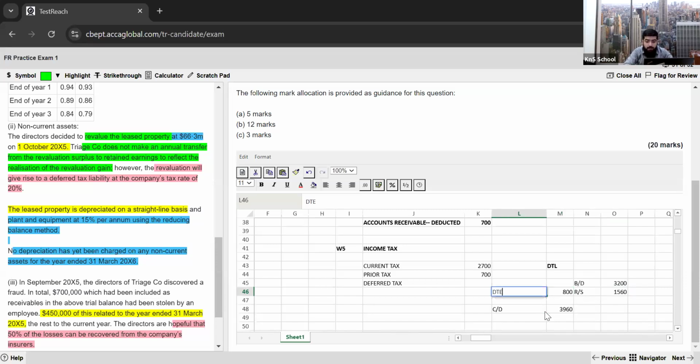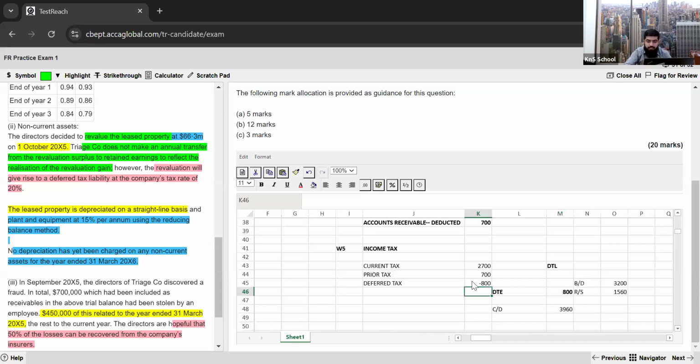And remember, whenever there is a balancing figure on the debit side, it's not an expense, instead it's an income. The accounting entry for this would be deferred tax liability is debited and deferred tax expense is credited, which means the expense is reduced, and if the expense is reduced, the profit will increase, so it will be recognized as an income.